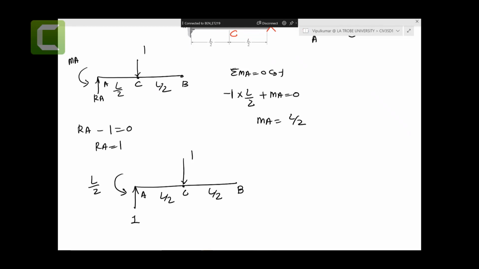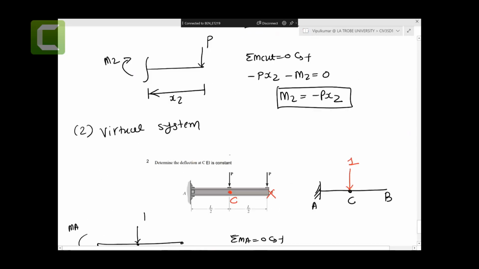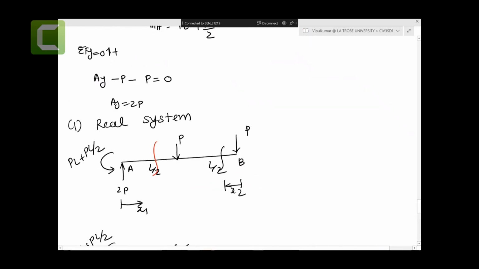So the x1 and x2 that we have taken in the real system, we keep the same. We don't change them in the virtual system, otherwise we will have a problem. We keep them exactly the same, from left to right. You can see here that x1 starts from point A, and we make the exact same cuts.